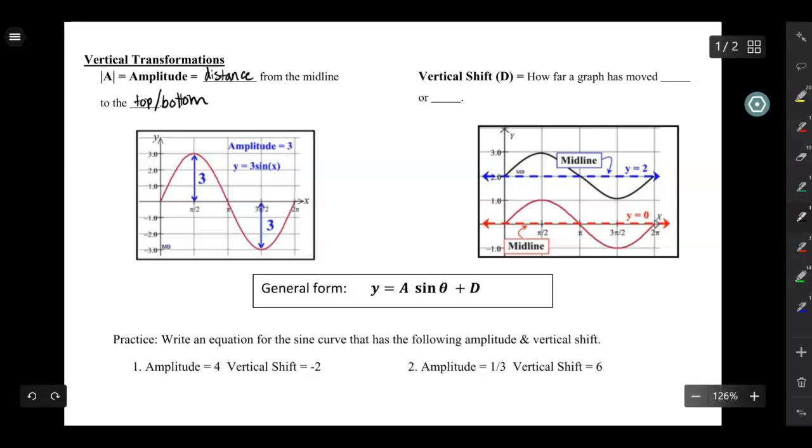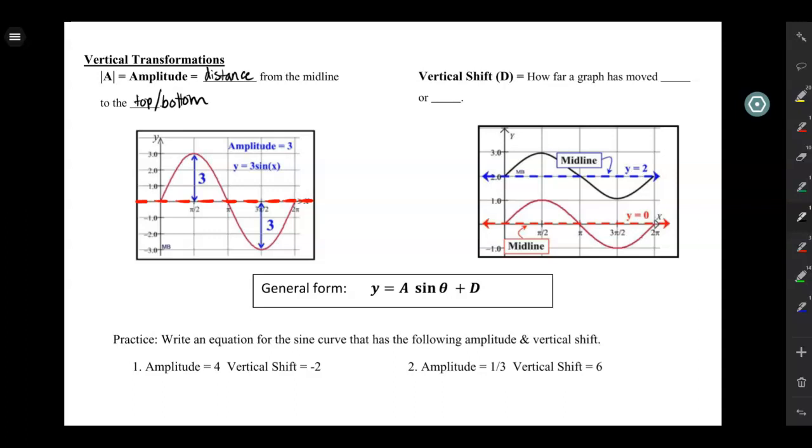So let me grab a red pen, and with this dotted line, I'm going to sketch in the midline. Okay, so it kind of just chops the graph right in half. The amplitude is how far up and down you can go from the midline. So in this case, the amplitude is 3, because that's how far my highest point is from the midline and how far down my lowest point is from the midline.